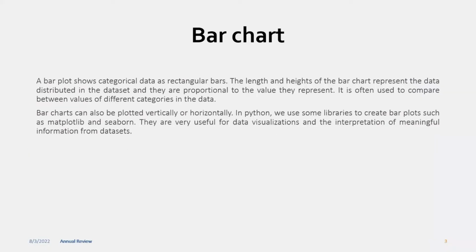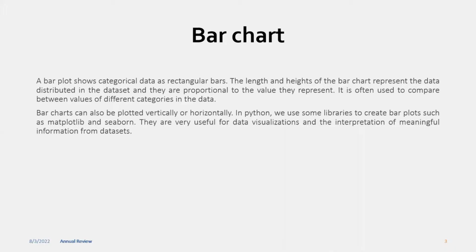Now, what is a bar chart? A bar plot shows categorical data as rectangular bars. The length and the heights of the bars represent the data distributed in the dataset, and they are proportional to the value they represent. It is often used to compare values of different categories of the data.